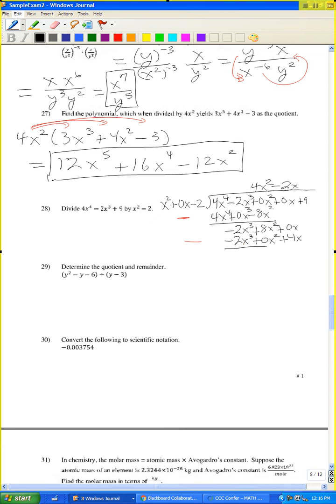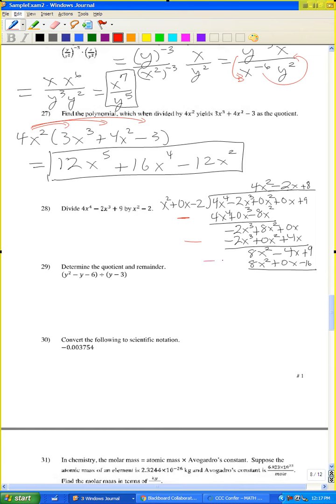And so you get, well, the negative 2x cubes cancel. 8x squared minus 0x squared is 8x squared. 0x minus 4x is a negative 4x plus 9. 8x squared divided by x squared is 8. So let's subtract. And so 8x squared plus 0x minus 16. Let's subtract that.